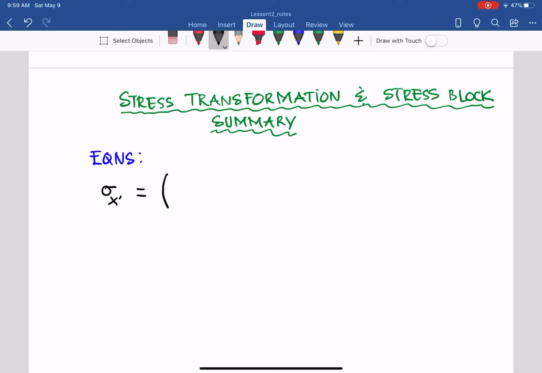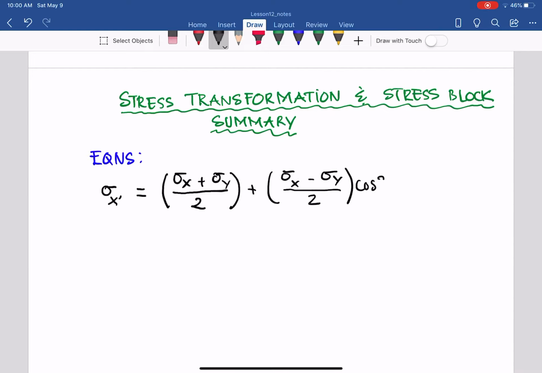We have sigma x plus sigma y over 2, plus sigma x minus sigma y over 2 cosine 2 theta, plus tau xy sine 2 theta. This equation is nothing new; we already have it in previous notes and videos.